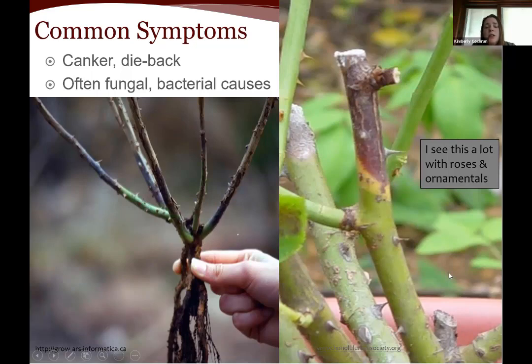Basically just prune at least 4 inches or as far down as you can, because the fungal tissues in this case, I believe this is Phomopsis dieback, are not just here. It goes down here. It's kind of like an iceberg, so you're only seeing part of what's actually there. So always cut lower than you think you will need to, and a nice angled cut will give you the best results.